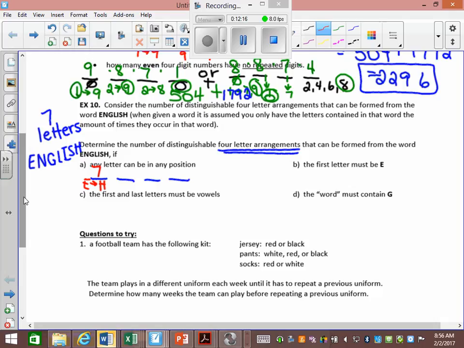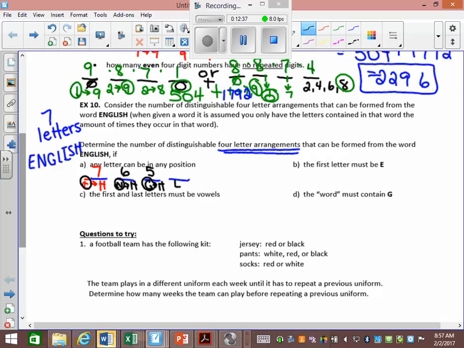Okay? So when I can't repeat, which is what happens when I have letters in a word, I'm going to circle an E. Now I have N to H as my options. So I have 6. I'll pretend I keep the N here. Then I have G to H, which is 5. Say I have a G here.